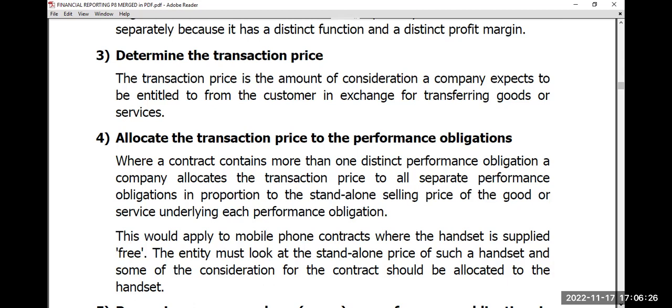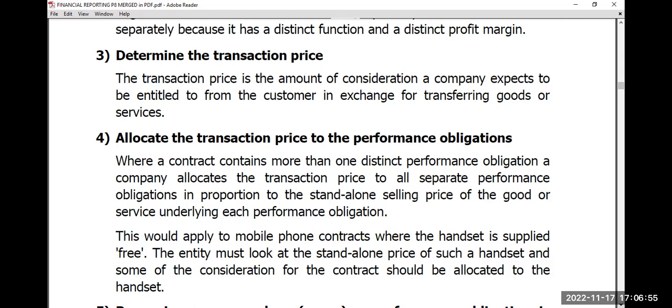So this is basically, most of the times the goods are delivered in batches. So if these goods are delivered in batches, then how are we going to be apportioning the consideration we've actually received towards those items?